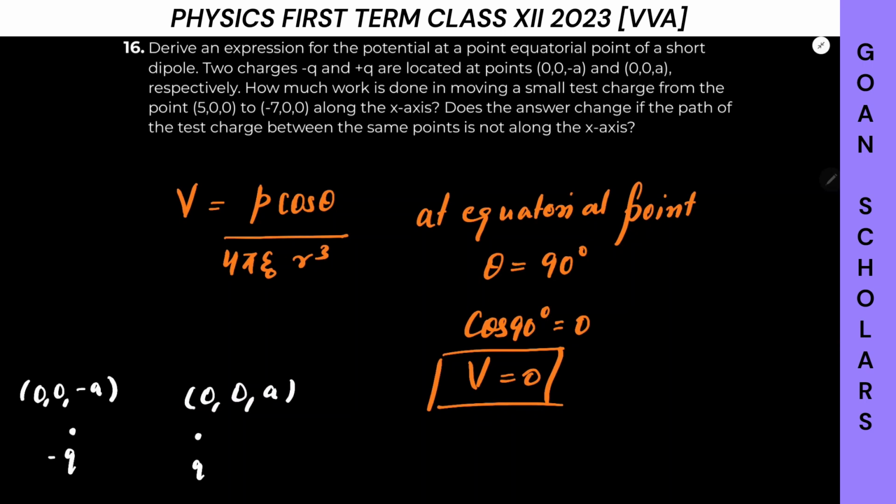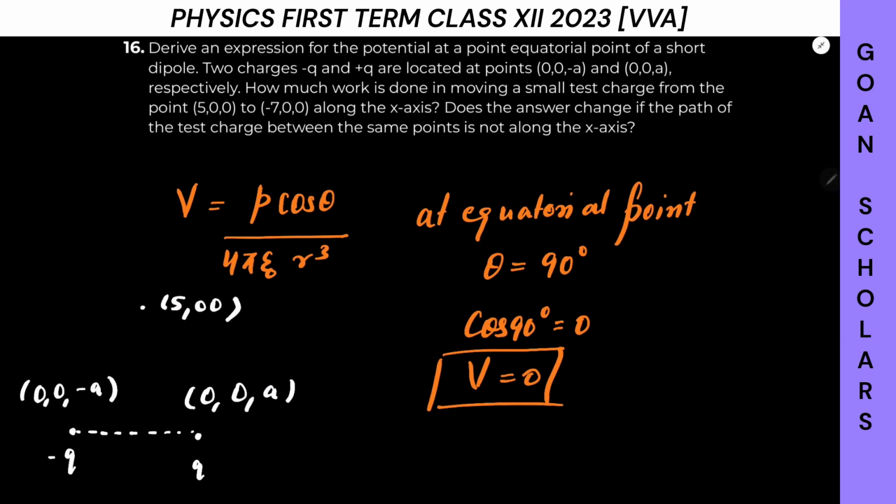How much work is done in moving a small test charge from the point 5, 0, 0 to minus 7, 0, 0 along the x-axis? The charges are placed along the z-axis, and the x-axis is perpendicular to it.